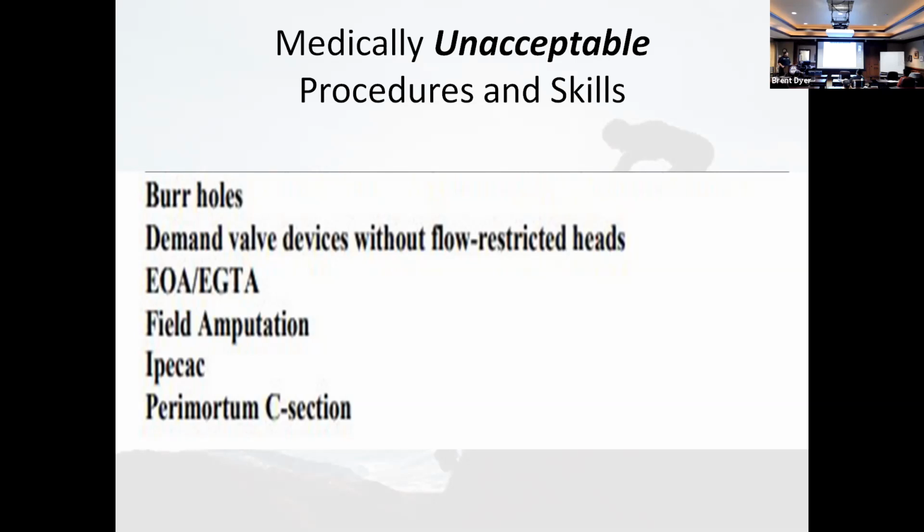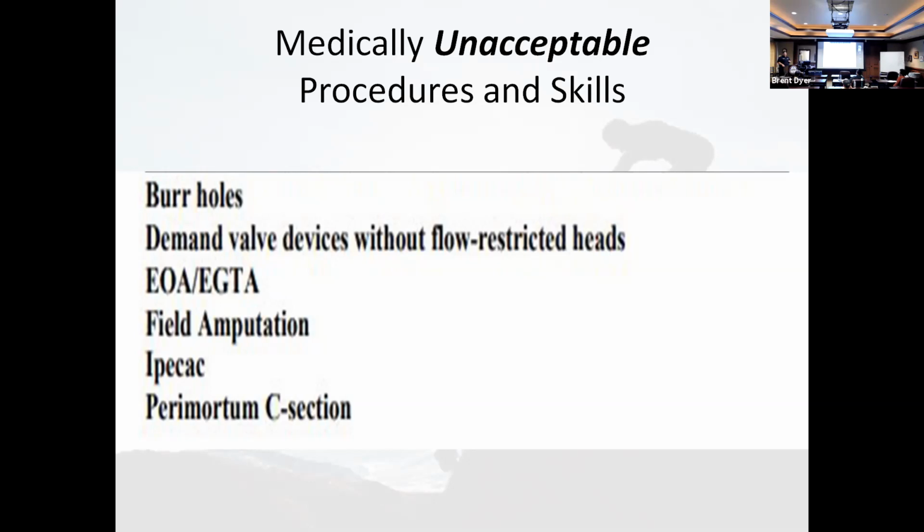And then there's something called a perimortem C-section. That would mean around the maternal cardiac arrest, a C-section could be done. That is a thing. However, it is only to be attempted by highly trained in-hospital personnel. A perimortem C-section is not something that we would do in a pre-hospital environment. Whereas you may read about it if you study the depths of the AHA materials, some of the information on maternal cardiac arrest, like I showed you earlier, with left uterine displacement, that's an example of something we would do.